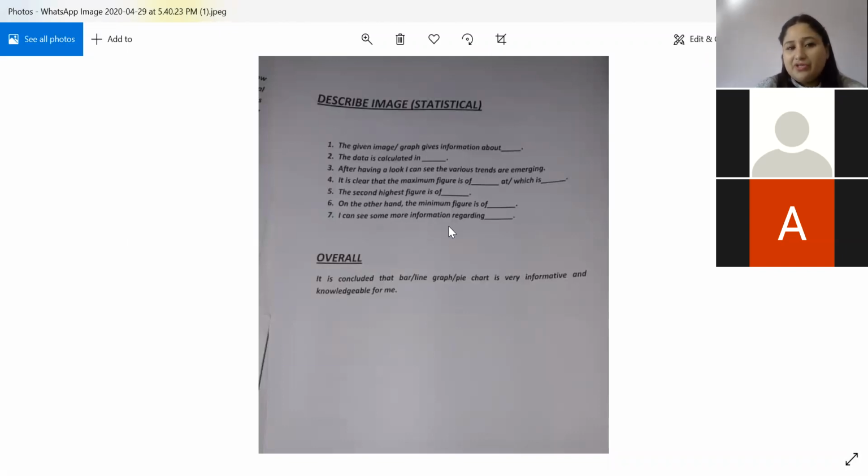So for the given image, simply you can say, or maybe if it's a bar graph, "The given bar graph gives information about the sugarcane production in Queensland. The data is calculated in percentages or hundreds of thousands."